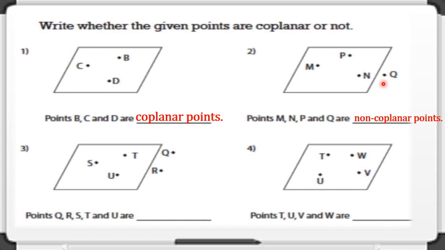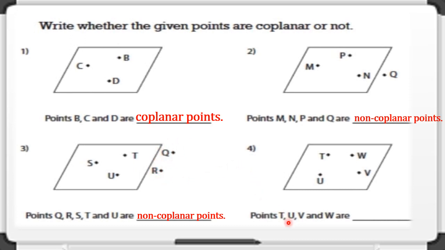They are non-coplanar since point Q lies outside the plane. Number 3, points Q, R, S, T, and U are correct. They are non-coplanar since these 2 points did not lie on the same plane.